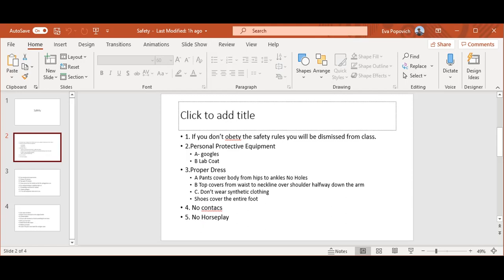Personal protective equipment. Guys, I fully expect in the fall that you are going to be in face-to-face labs. So if you haven't purchased them yet, you need to do that because you're not going to be allowed in the lab without them. You need to purchase a pair of goggles, ANSI qualified, and you need to purchase a lab coat.